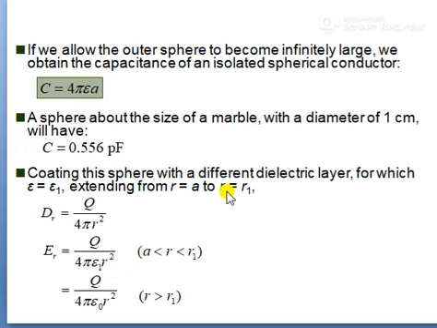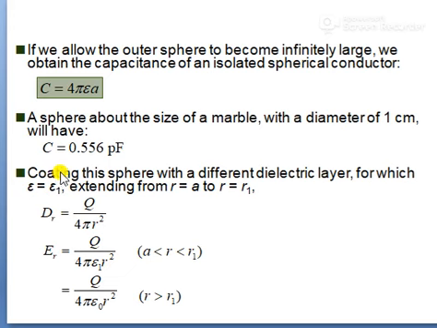Instead of epsilon, the layer has epsilon 1. Then D is Q by 4 pi r square, and E is Q by 4 pi epsilon 1 r square for r greater than A and less than r1, and Q by 4 pi epsilon naught r square for r greater than r1.